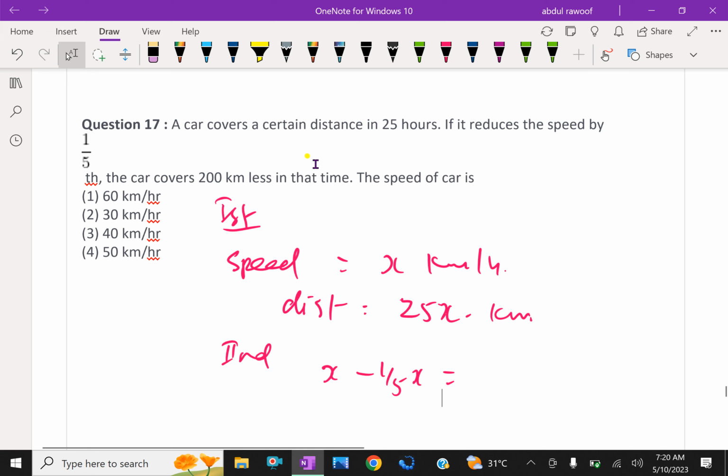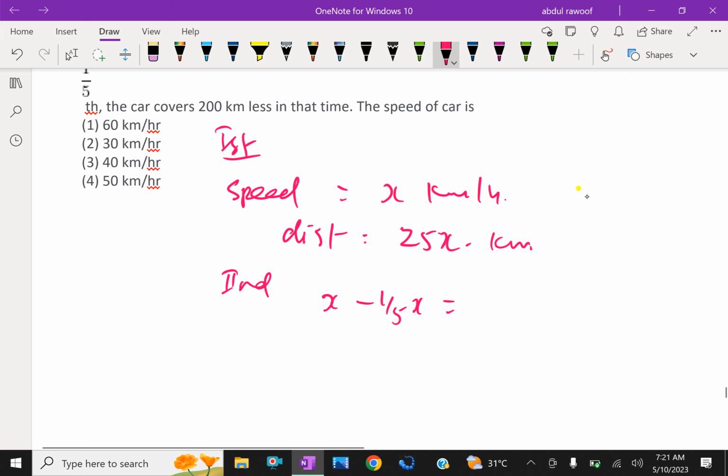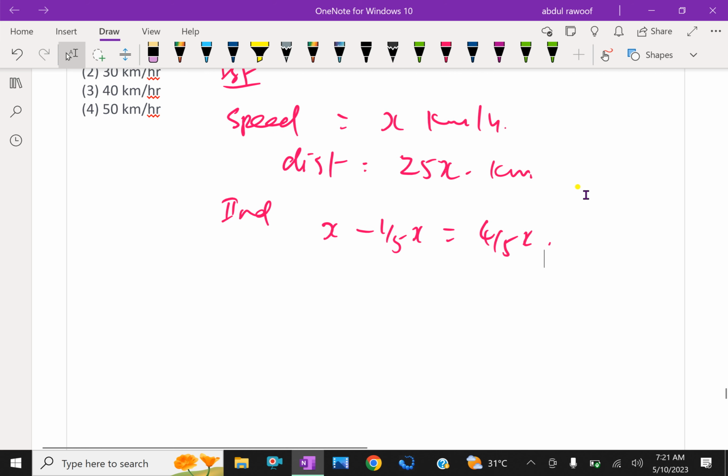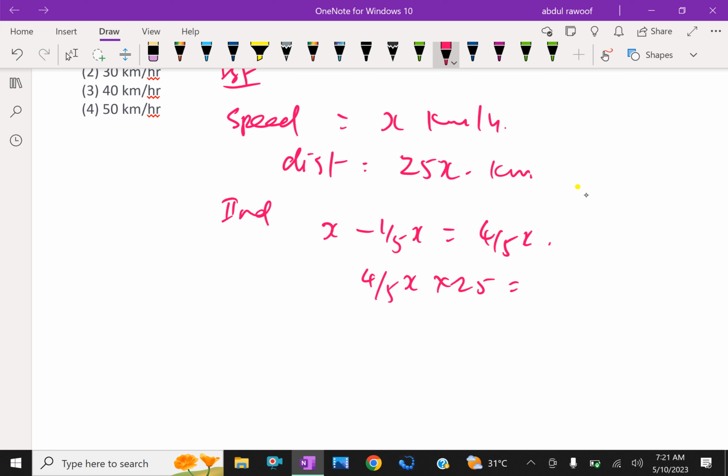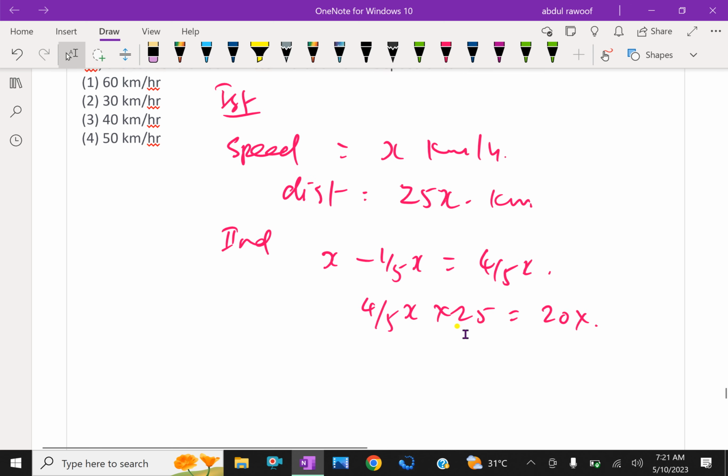Therefore, distance is 4/5 of x into 25, equal to 20x. Here is the second distance.